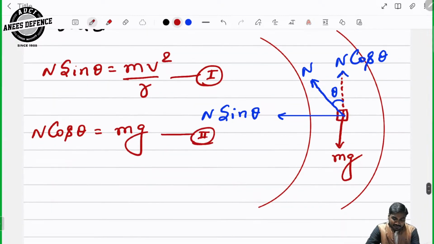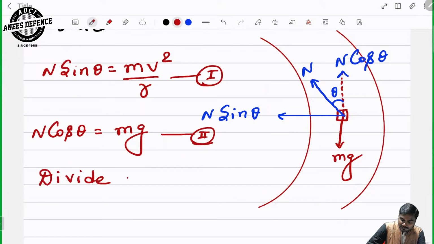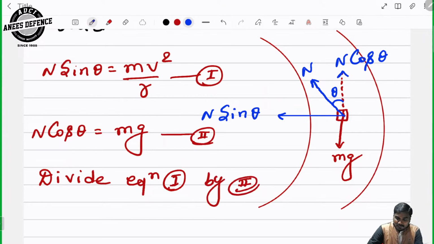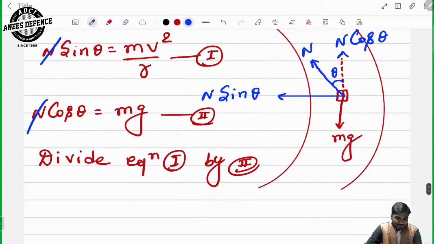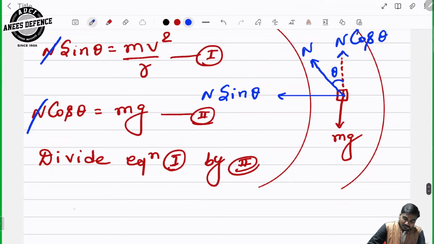Divide both equations. Divide equation 1 by 2. N sin theta by N cos theta, very good, is equal to tan theta.